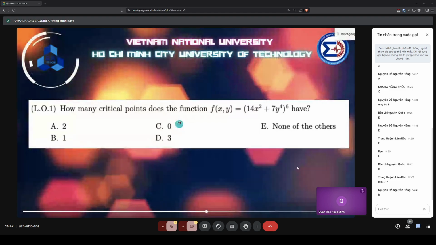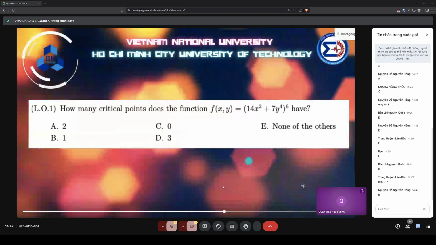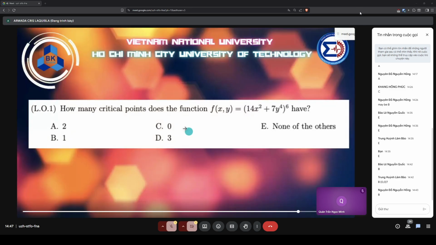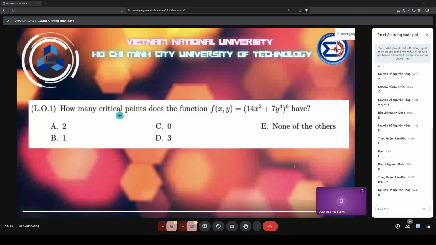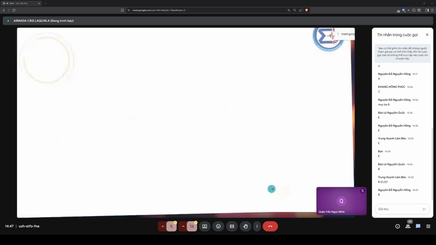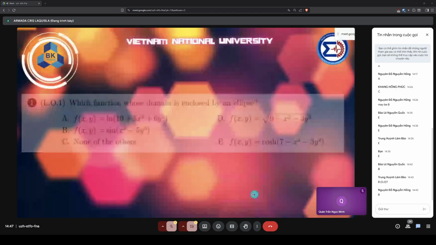Because I saw someone type here which is 0. No, it's counting the critical points, class. So it's asking the number of critical points, and you only have 1 point there, the point 0, 0. That is why you should answer letter B there, 1. Okay? Do not answer 0 there if the point is 0, 0.